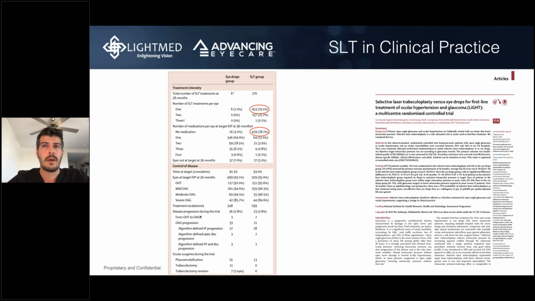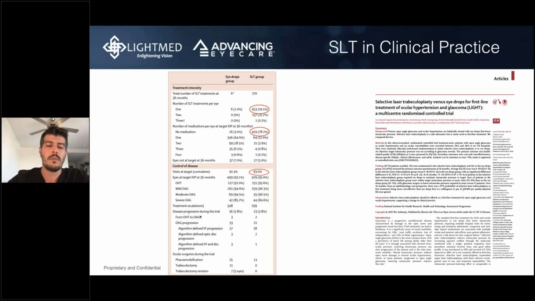This is the number I keep in mind when I have the patient in front of me in clinic and I want to start either an eye drop or SLT, and I tell them there's an 80% chance that if we do SLT and we see each other in 3 years, you would not have needed any other eye drops. Think about the number of times you have to call the pharmacy, the cost of the medicine, the number of times they have to come in for eye pressure checks if you're on eye drops, all the side effects that they're going to have from these eye drops. So that's a big number.